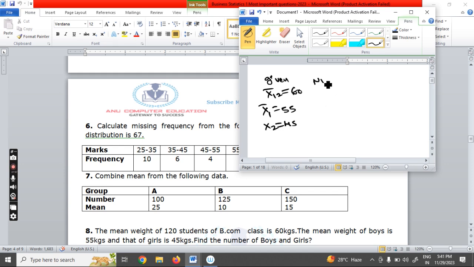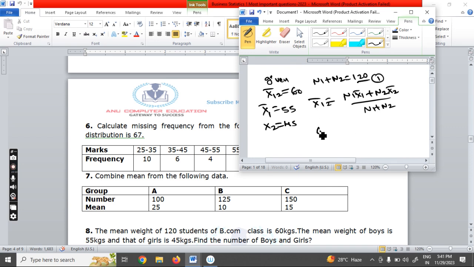Now let us assume n1 is boys and n2 is girls. Total boys and girls together, how many are there? 120. But we don't know how many boys and how many girls there are. The question is asking how many boys and how many girls there are. So this is equation 1. You know the formula: x12 is equal to n1 x1 bar plus n2 x2 bar by n1 plus n2.